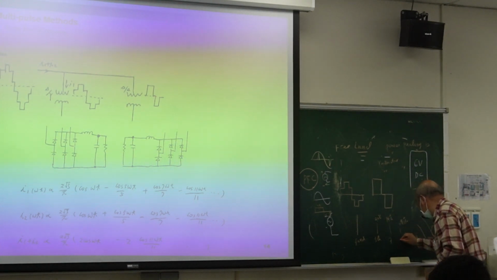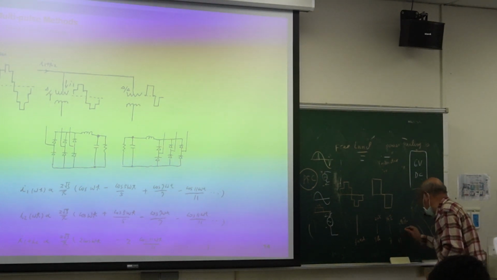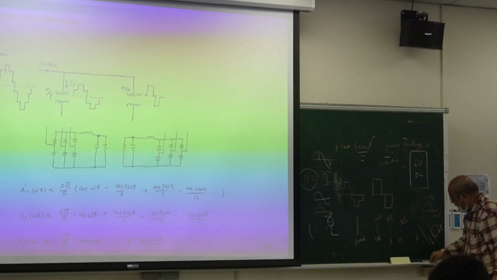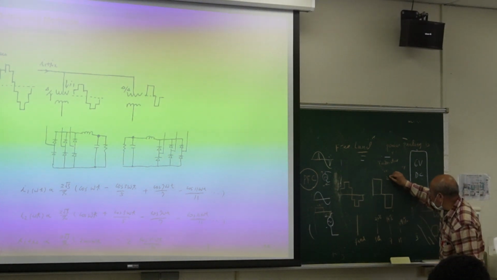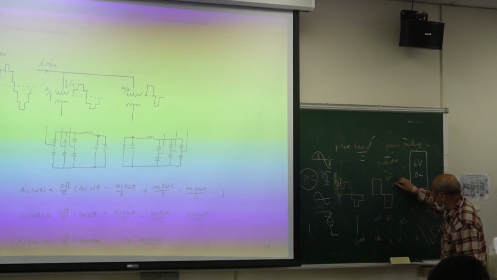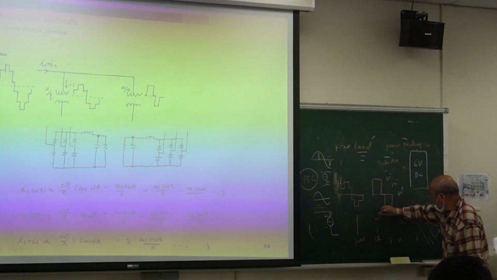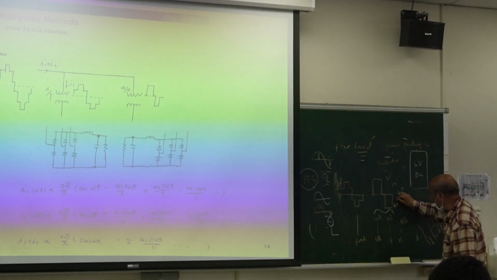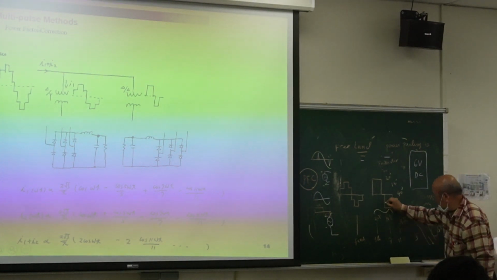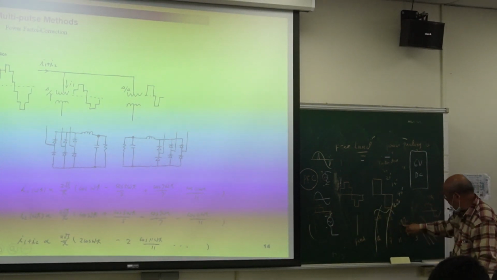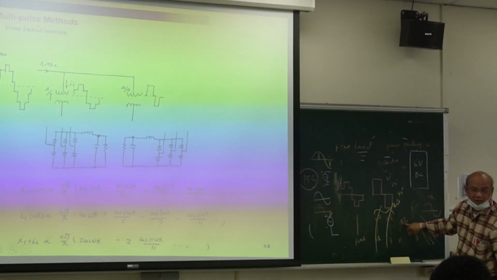This is 11, 9%. So if I put this one 20%, this one 40%, then total could be 40%. So these two become 40%. But now we can cancel this one, the fourth one becomes 9%.